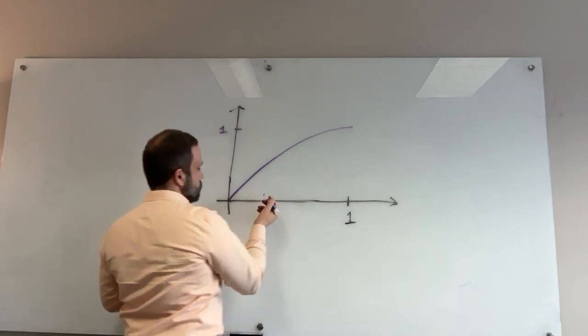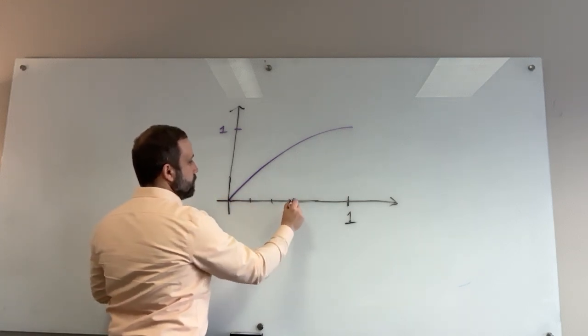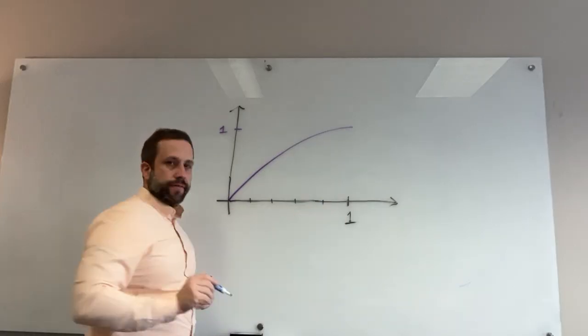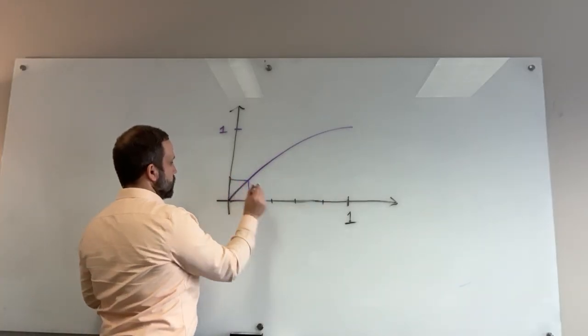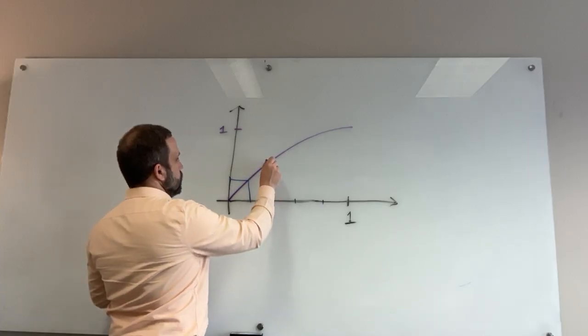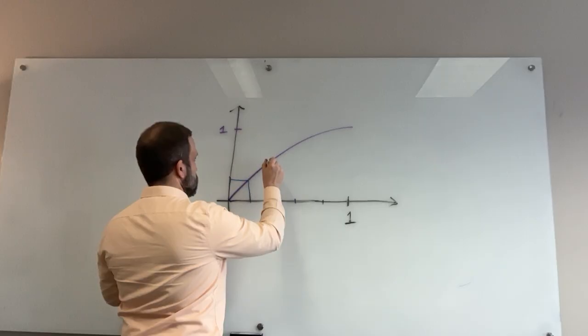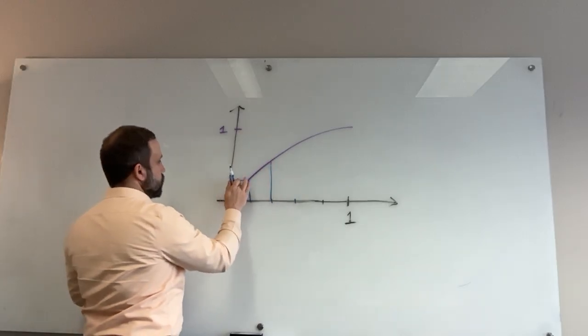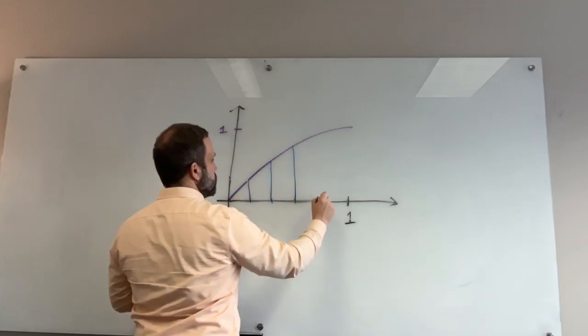Well, the common calculus way is to divide this up into n evenly spaced intervals, and I'm going to look at the right-hand endpoints like this. Sorry, I'm going to color code these a little bit differently. You'll see why in just a moment.